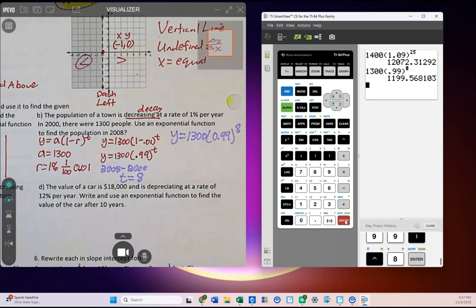Okay. So you can't have 0.5 of a person. So you don't have enough for another person.